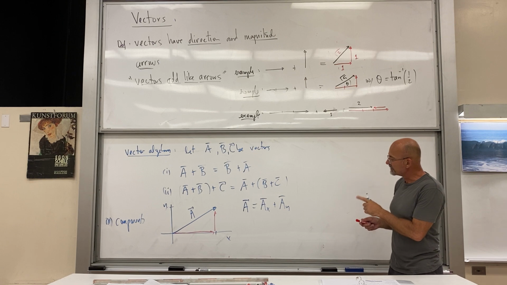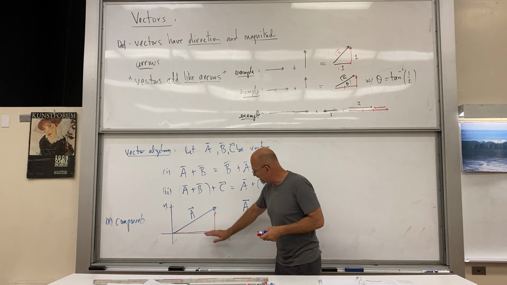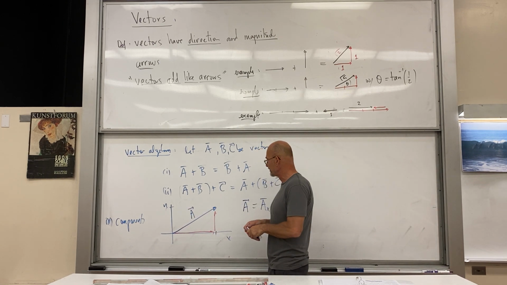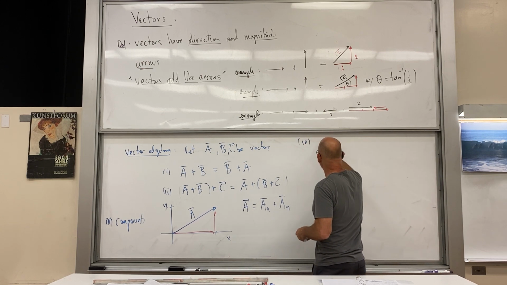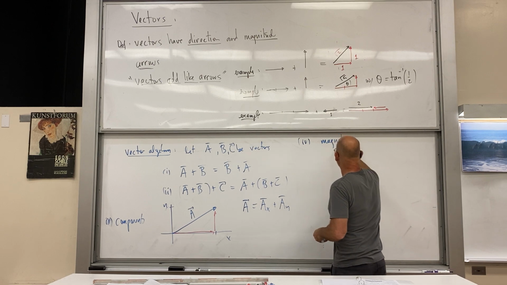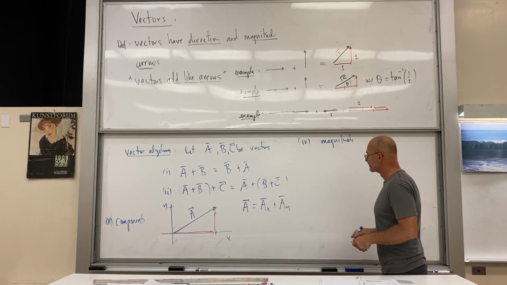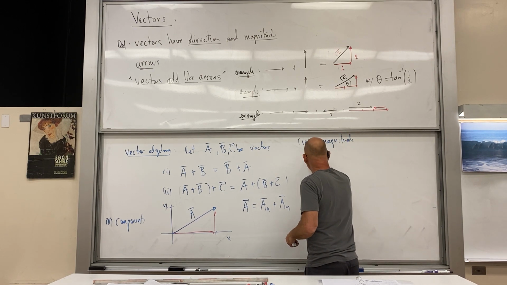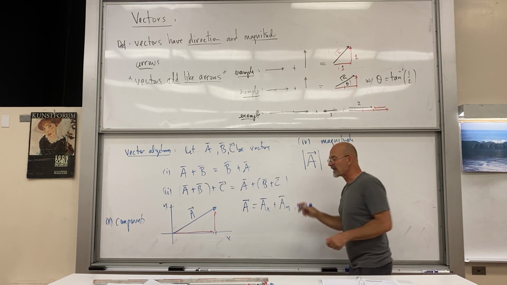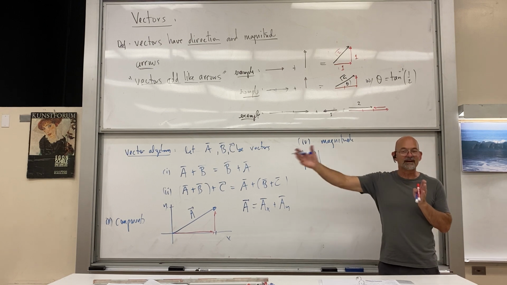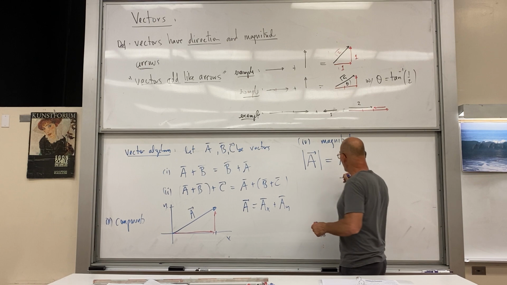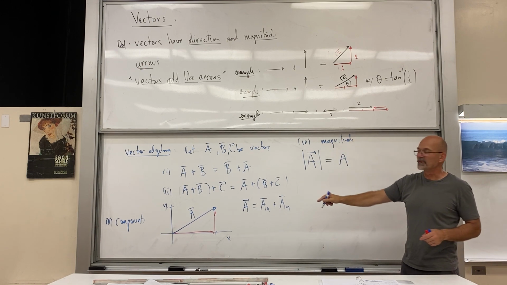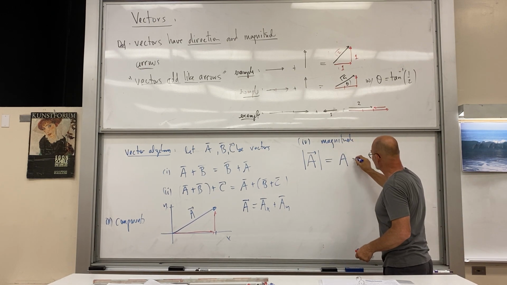And now I want to talk about the magnitude. As soon as we're in here, we've got our Pythagorean Theorem. So components for magnitude. The magnitude of A, you say it's the vector with absolute value signs around it, because that's going to give the length. But what we also do is write the letter without the arrow on top, and that also represents the magnitude.